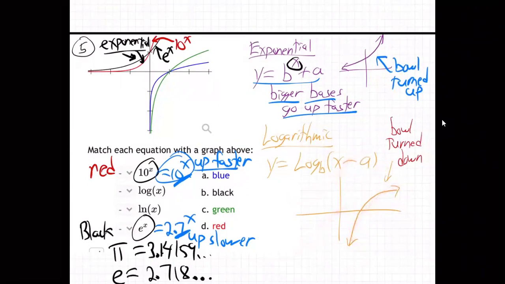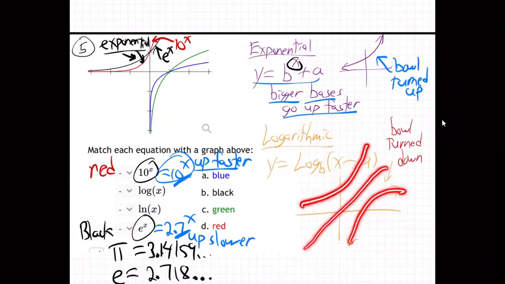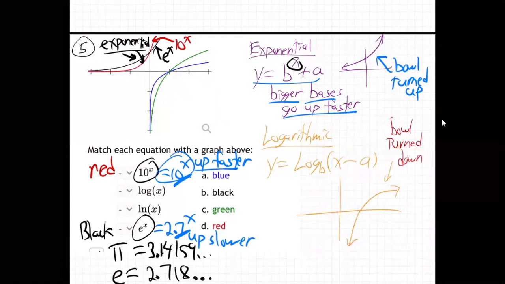So across the diagonal line, the y equals x diagonal line, an exponential and a log are mere reflections. They're inverses, opposites of each other. So that's why logarithms were made up. They were made up to be the opposite of exponentials.